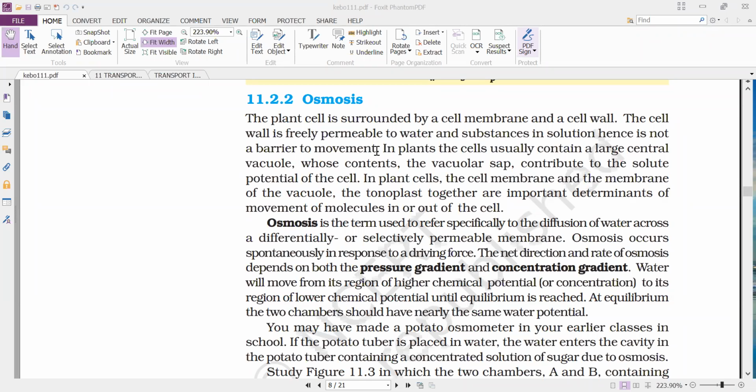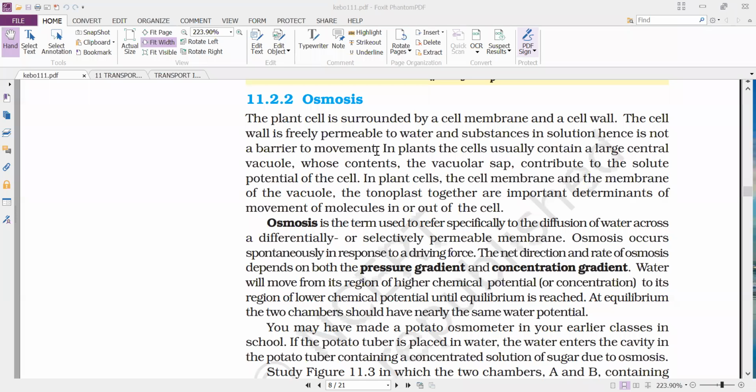While we are discussing the types of membranes, we have come across the permeable membrane. That means it will allow substances to pass through it, it may be water or solutes or whatever it is. One such structure is the cell wall. So the cell wall is freely permeable to water and substances in solution.